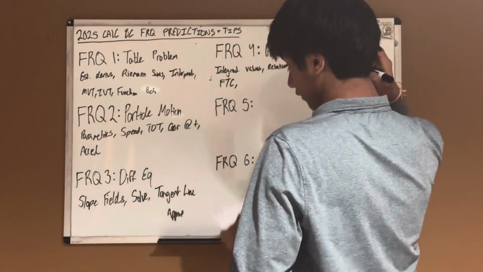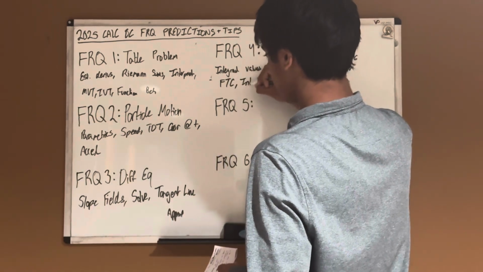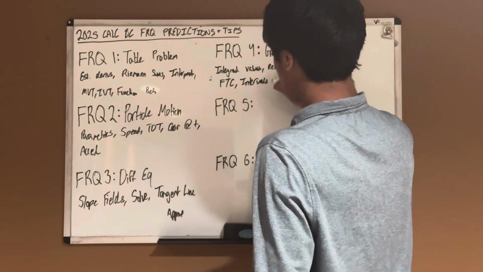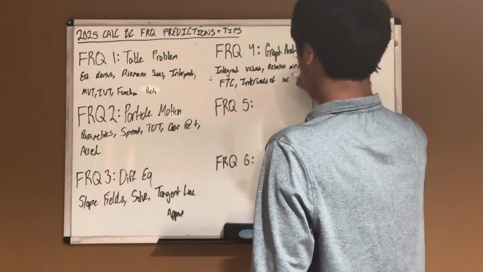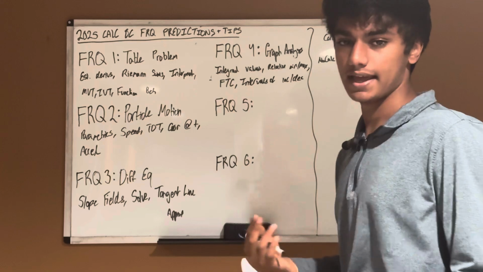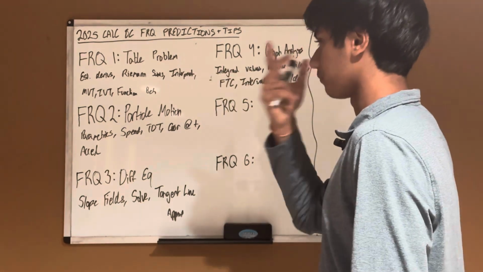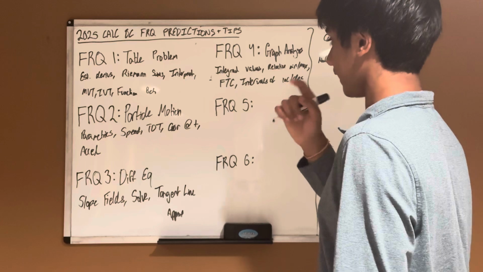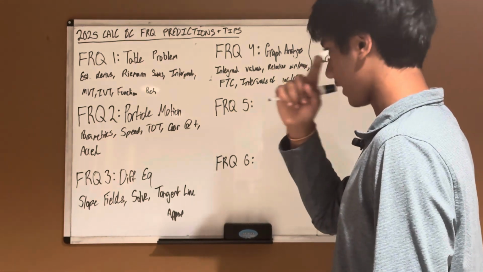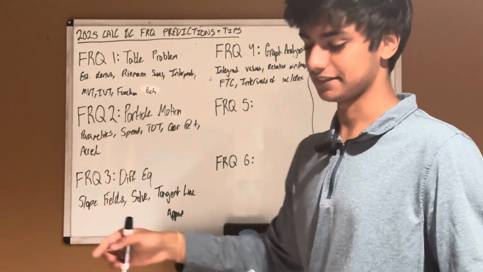They could ask you intervals of increasing or decreasing, points of inflection, etc. So all the applications of derivatives and integrals. It's very similar to table problem 1, except table problem 1 is in a table format. This one's more in a graphical format. And FRQ1 should probably be a little easier.